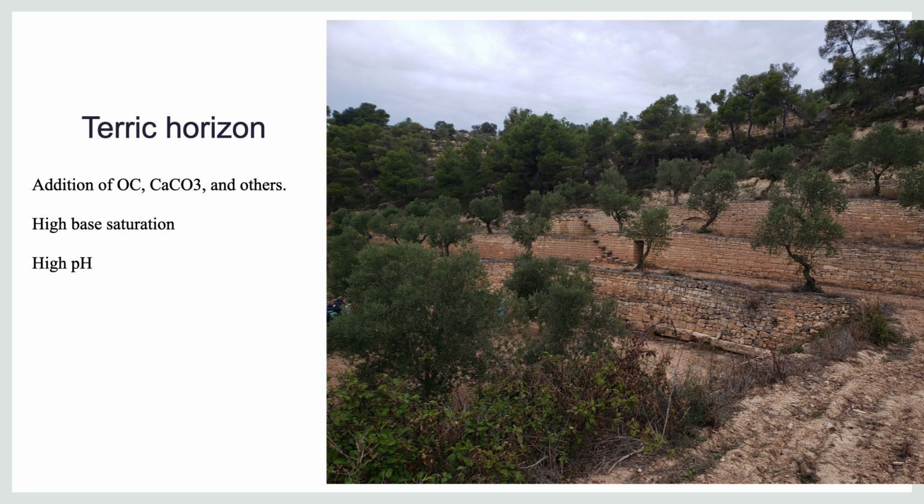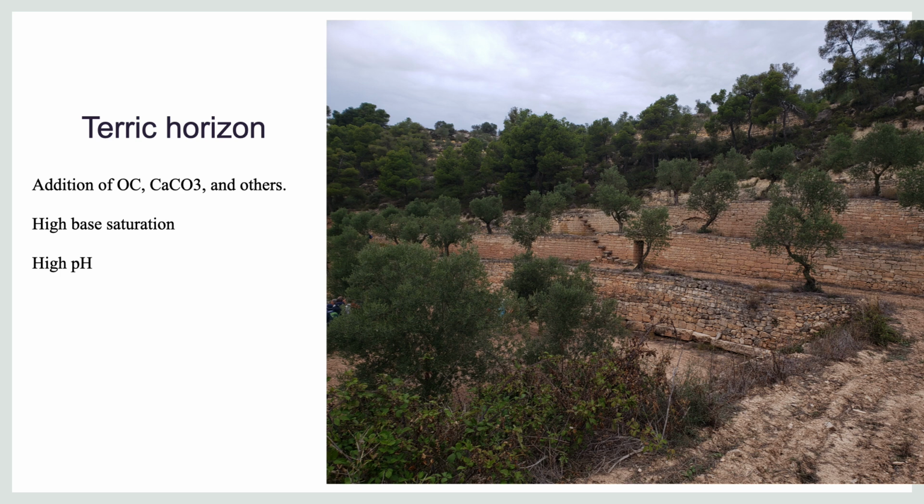So you can see in this picture a lot of levels, and these levels are really flat. They were created by humans so people could cultivate on these flat surfaces, and this cultivation is quite easier because of the flat surface.